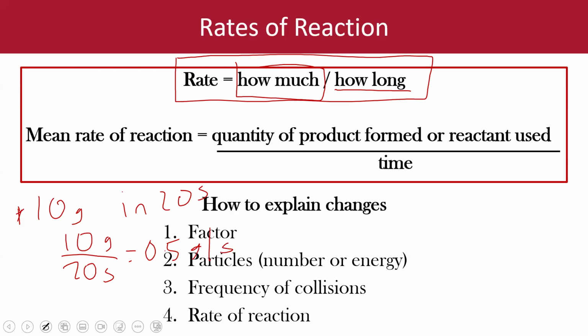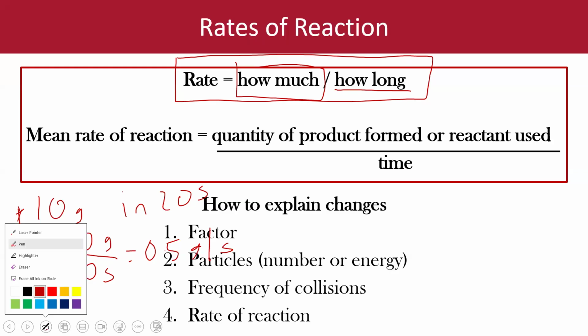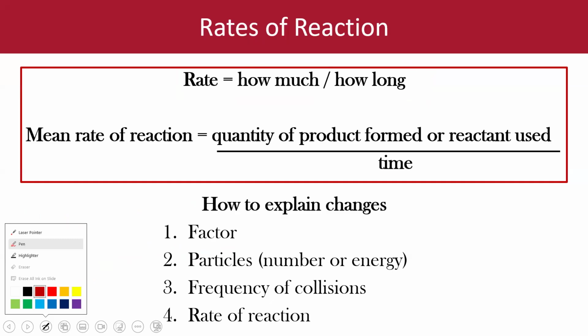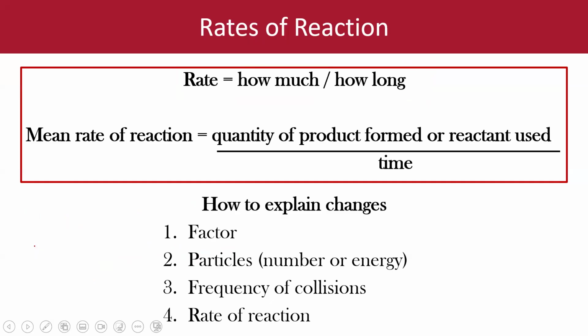So if they ever ask for the rate of a reaction, remember it as how much is given off in how long. And there's always got to be a time at the bottom, because a rate is per time, just like speed. Speed is meters per second. That is a rate of movement.